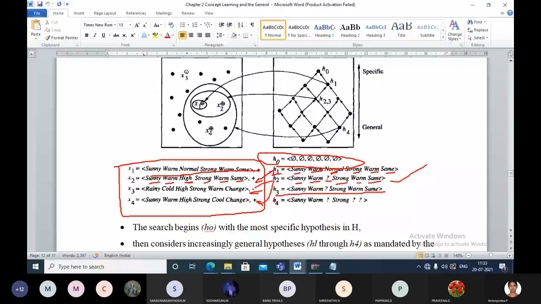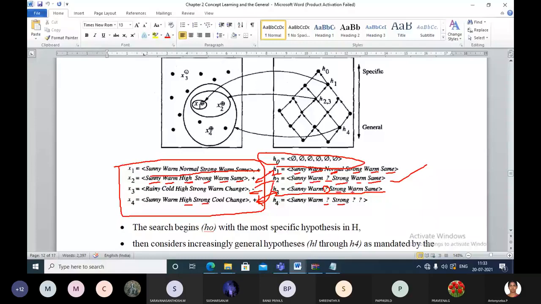Since X4 is a positive data instance, when you compare this, sunny, warm are the same. Here it is question mark and here it is high, so you follow the same general one, question mark. Then the fourth attribute is strong here and also strong, so consider the same.